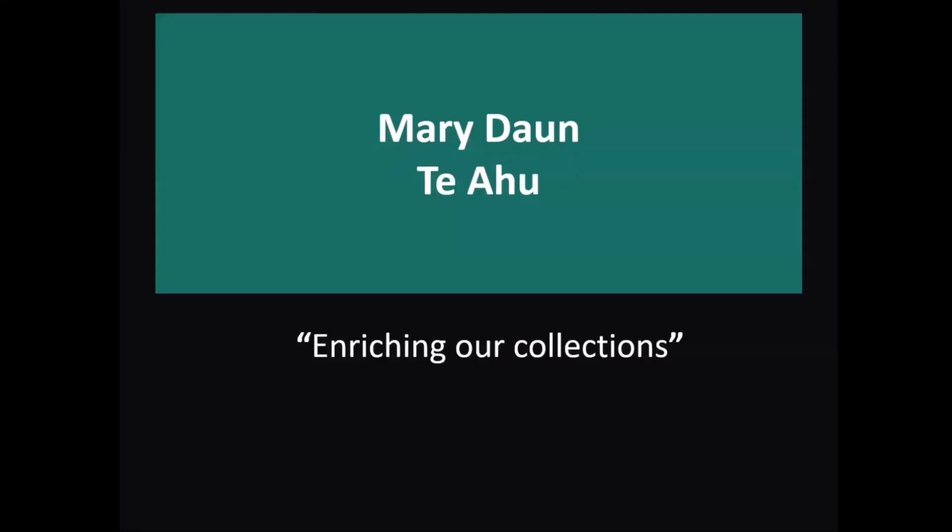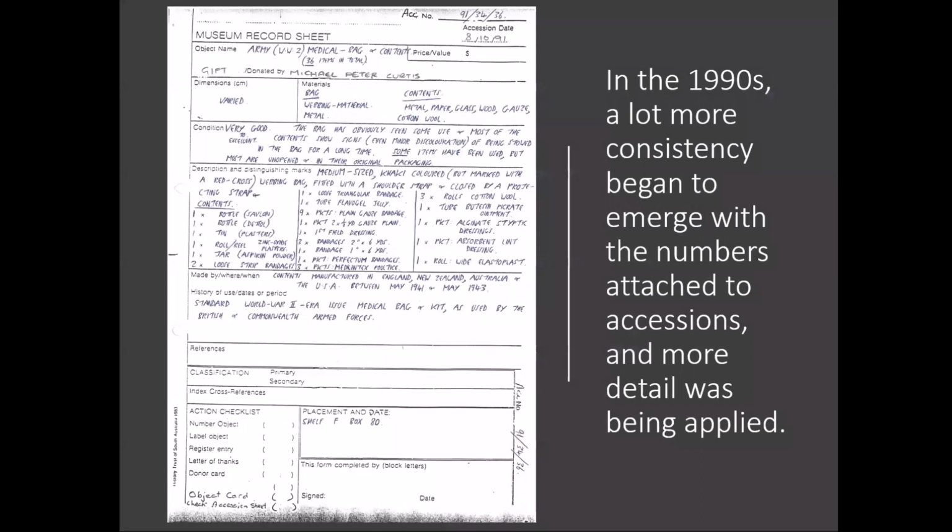The next talk we had was from Mary Dawn from Te Ahu, which is the Museum of the Northland region of New Zealand. She gave us a great recap of how the cataloguing standards and collection management had evolved at their organisation over the decades. This is an example of what level the cataloguing was at in the 1990s.